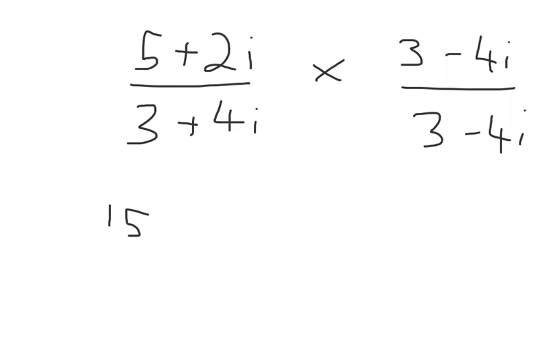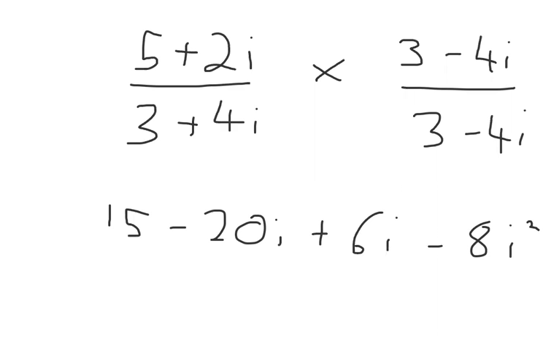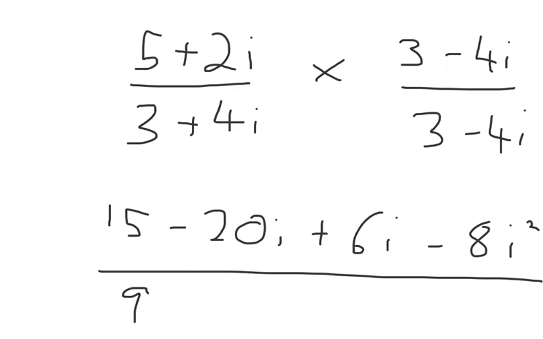So first, then outers, which is minus 20i, then the inners, which is plus 6i, and then the last, which is minus 8i squared, and this is all over 9 plus 12i minus 12i minus 16i squared.